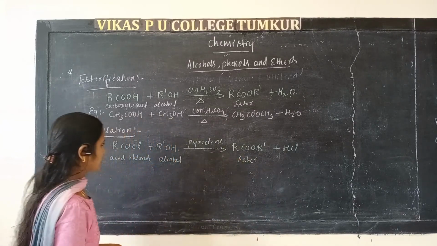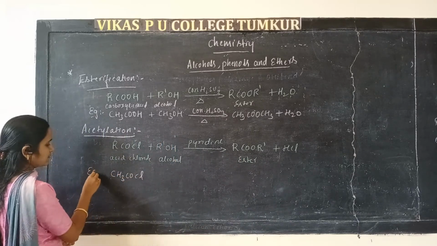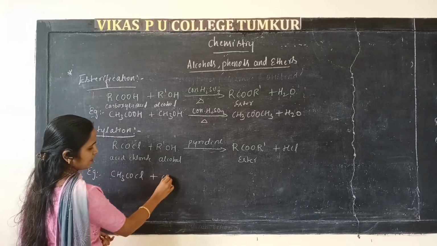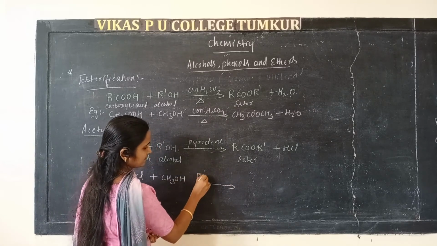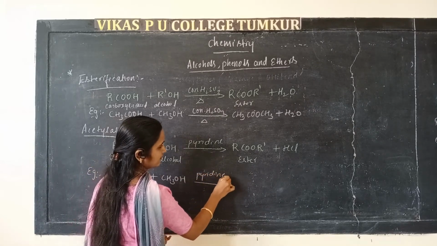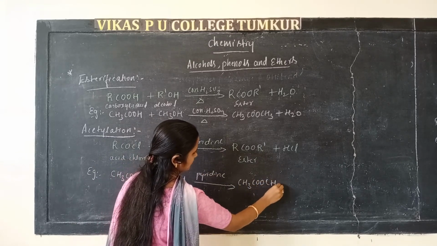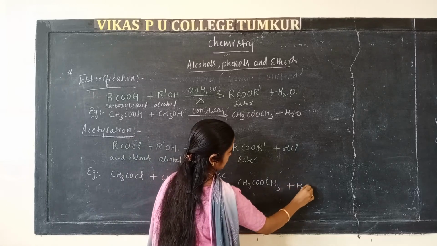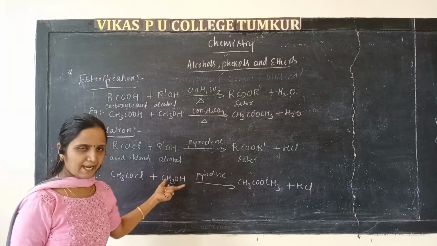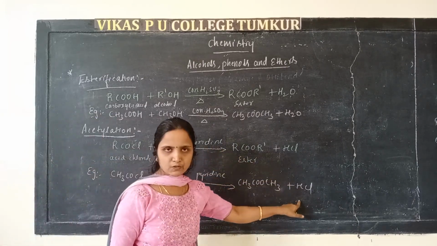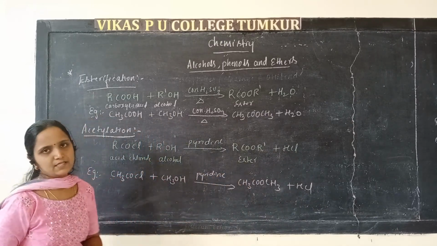We will take an example: acetyl chloride, CH3COCl, reacts with methyl alcohol in the presence of pyridine to give CH3COOCH3, methyl acetate, plus HCl. Pyridine is used in this reaction because the HCl formed during the reaction gets neutralized by the pyridine. This is about acetylation.